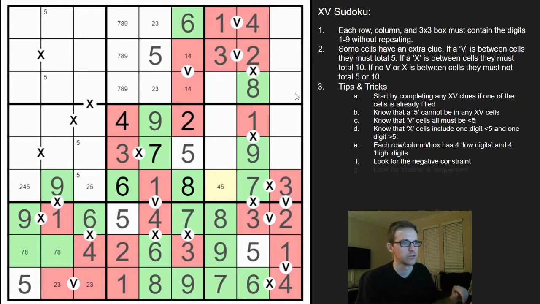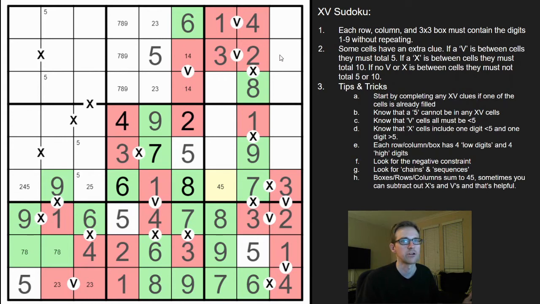In the harder puzzles, if you can find chains or sequences of clues with 5s or X's, that can be helpful. Also, just know the math: the digits 1 through 9 equal 45. So sometimes you can subtract out the X's.